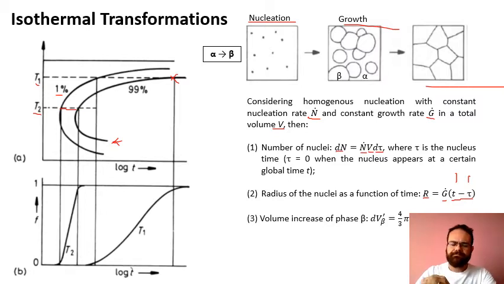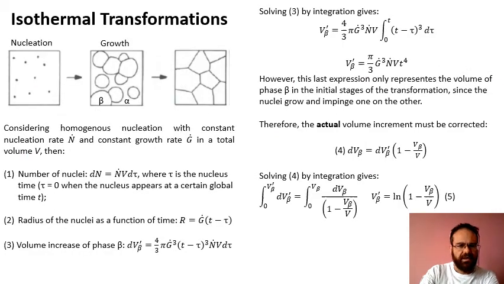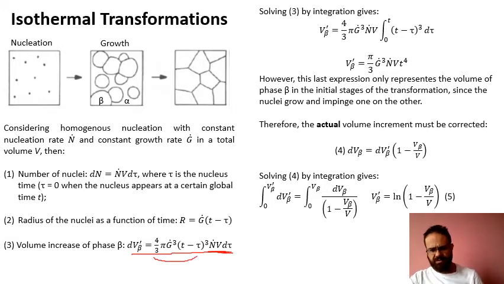So that's this. And if we take our increment in the number of nuclei multiplied by the volume of the nucleus, then we have this expression for the increment in phase beta. So here we have simply dn, which is this term here, and the volume of the nucleus is, so we just consider the nucleus to be a sphere.